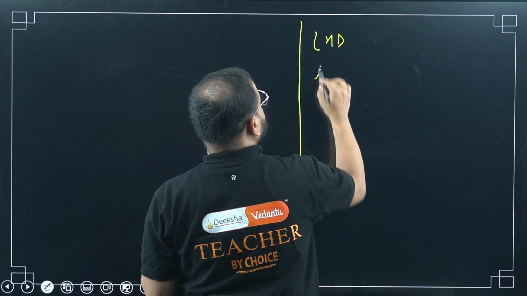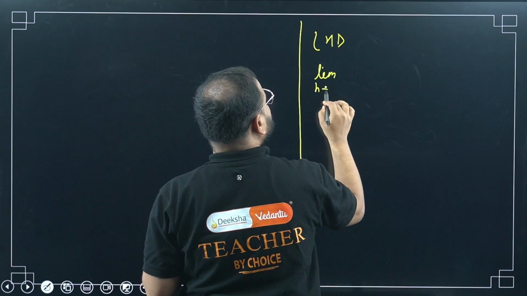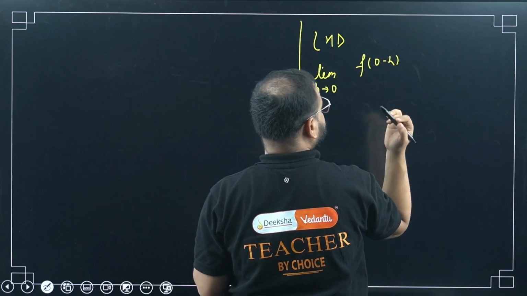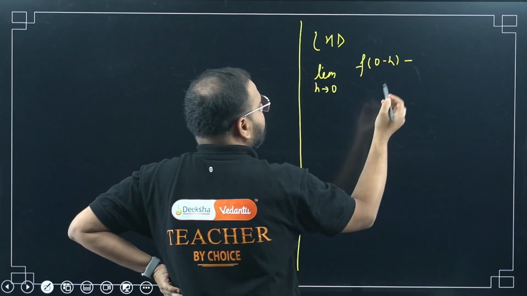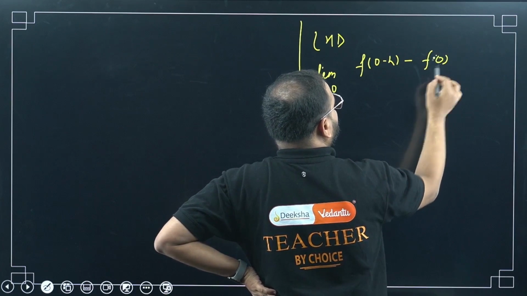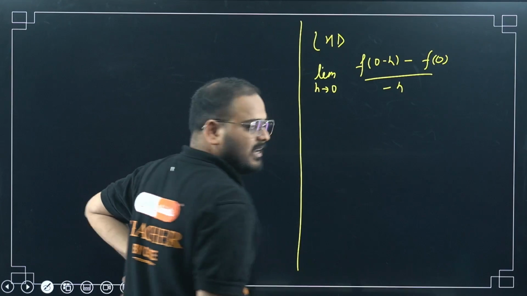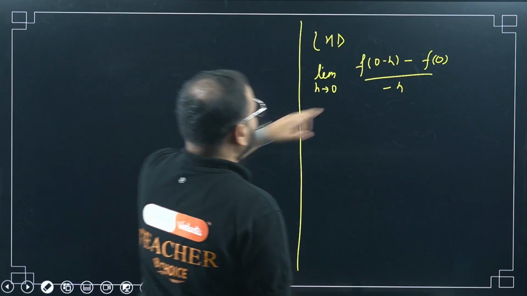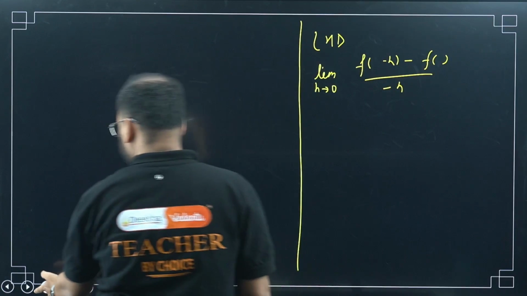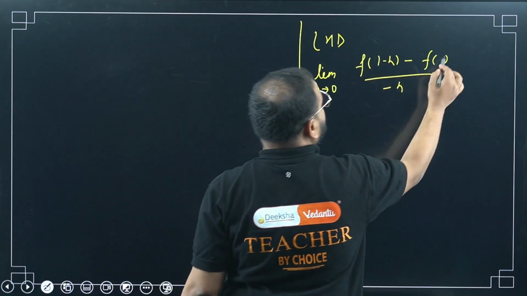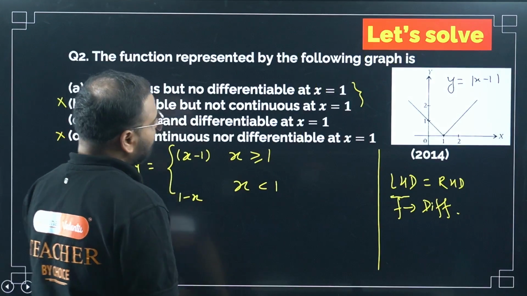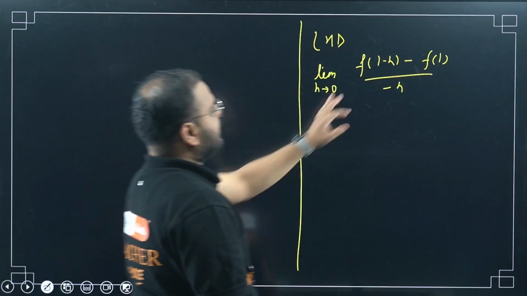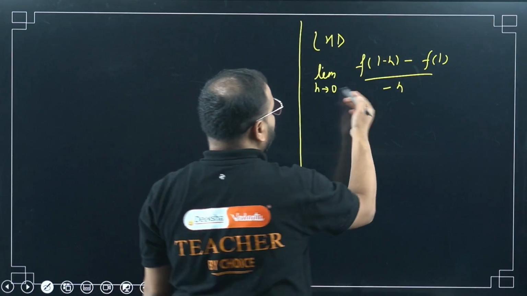Simply I can write it as limit h tends to 0, f of 1 minus h minus f of 1 upon minus h. Please understand this. The value is not 0 in this case. It is 1, because we are finding the derivative at x equal to 1. So not 0 minus h, simply 1 minus h. Okay, this is clear.